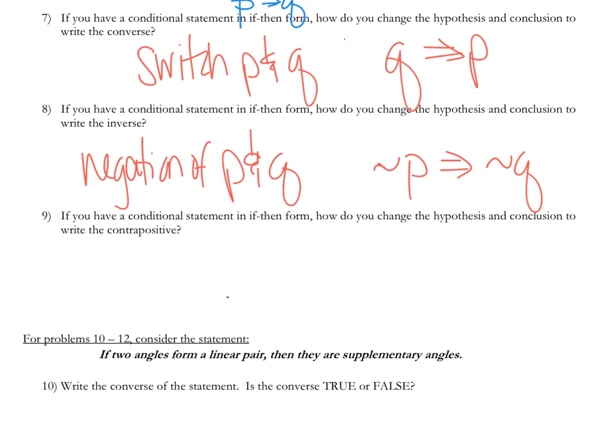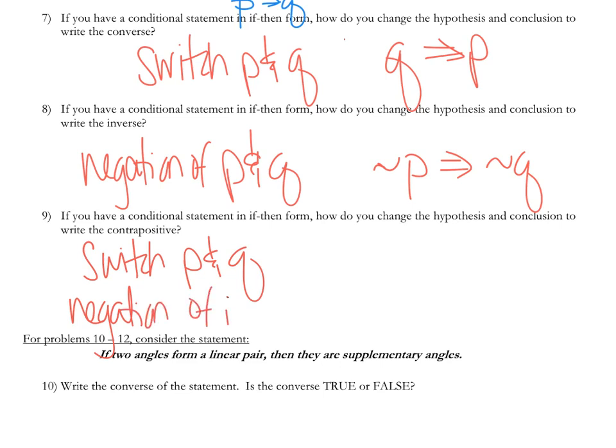And then the contrapositive, remember that's the longest word, so we need to do the most work. We need to switch P and Q and take the negation of both P and Q. So we have to flip the order and take the negation. Okay.